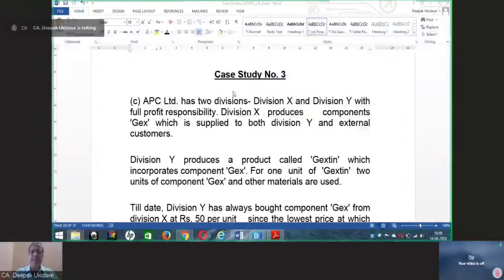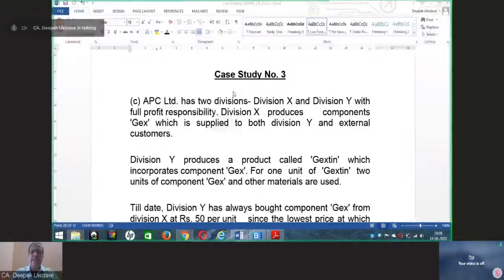And number 2, Division X manager's profitability is evaluated on the basis of the profitability of that division, and therefore, for performance evaluation and performance-linked bonus purposes, the Division X manager is not interested in selling or transferring internally at a price below rupees 50. 47 rupees is out of the question, out of consideration. That is the thought process of Division X, and therefore the Division X manager has straight away refused.